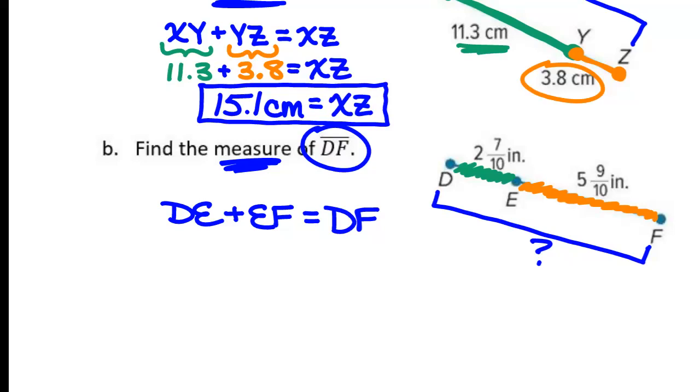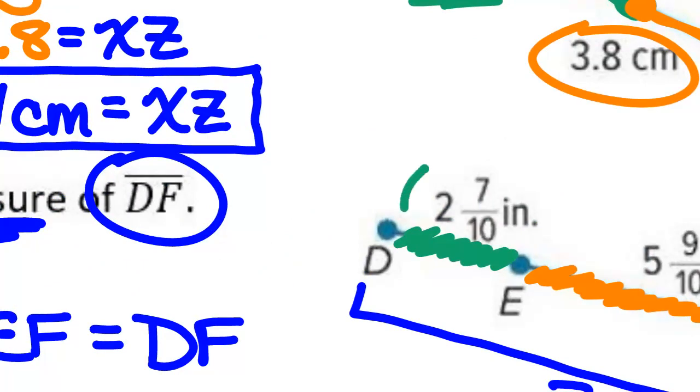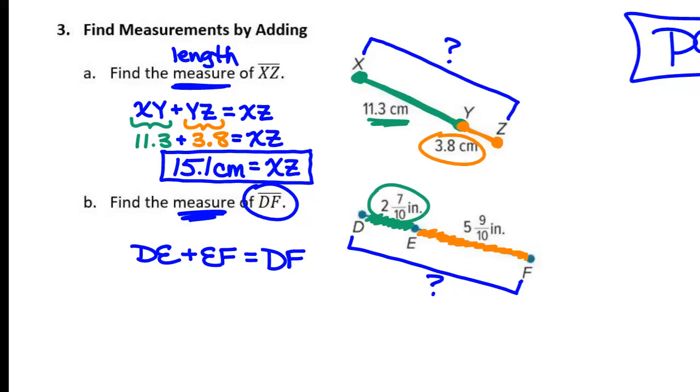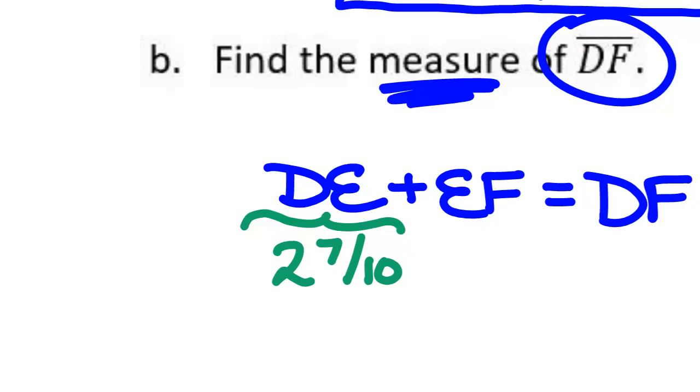Speaking of DE, how big is segment DE? 2 7/10 inches. So in the place of DE, I'm going to put 2 7/10. We didn't have to work with fractions yesterday.